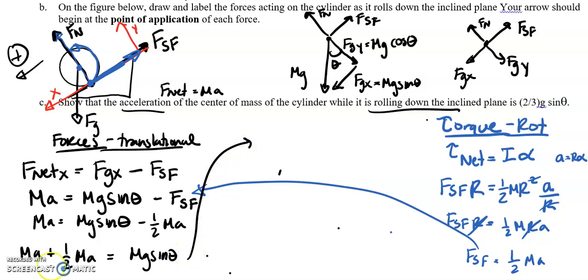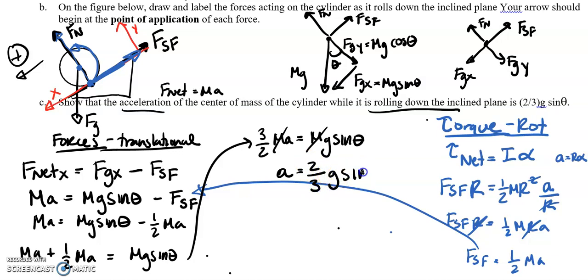I'm going to go up here, a little more space, so we have 1 ma plus 1/2 ma, so that's 3/2 ma equals mg sine of theta. m cancels out. And then for a, multiply both sides by 2/3. So it's 2/3 g sine of theta. Awesome.